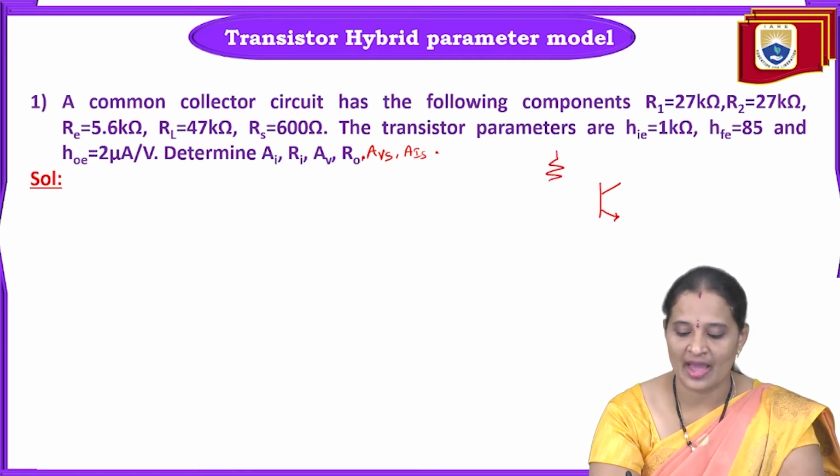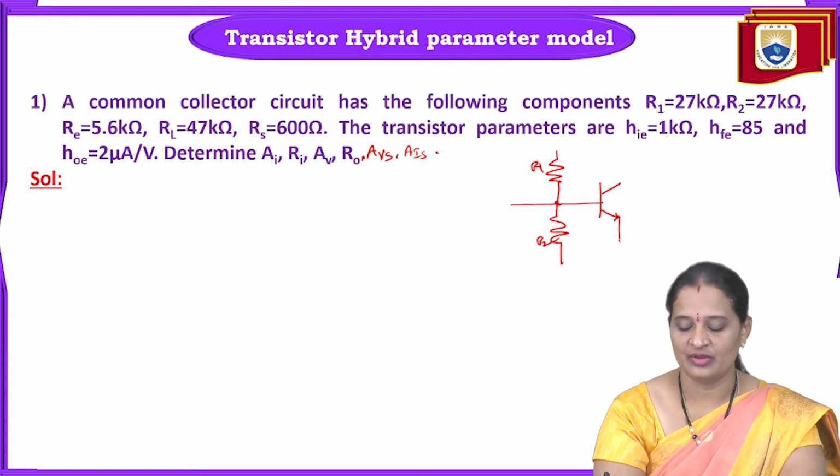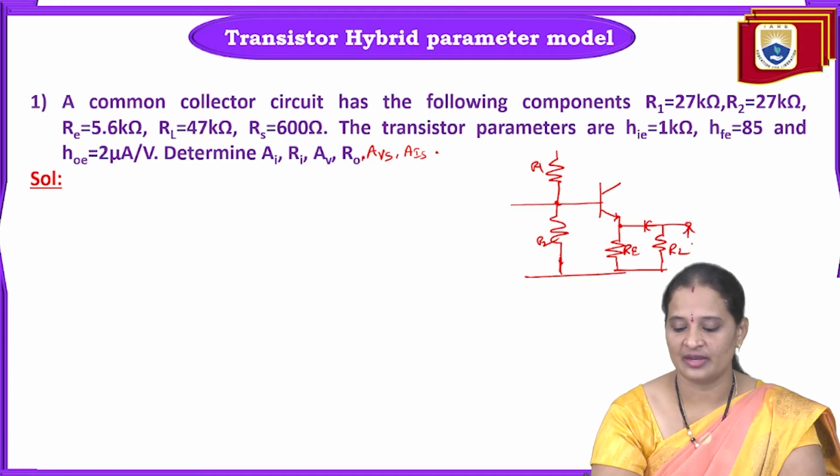We have R1, R2, which are connected to the base. Then we have the emitter resistance, which is connected to the emitter terminal. And we have a capacitor and a load resistor RL, across which we calculate the output voltage.